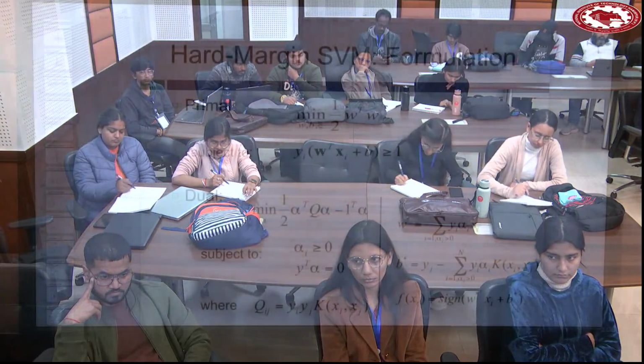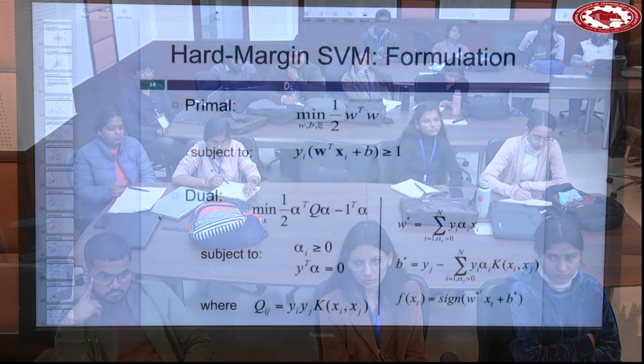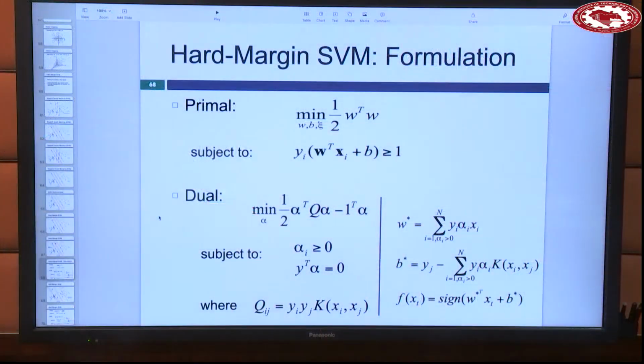If you want to just perform a linear model, solving the primal is very easy. But if you want to solve non-linear models with higher degree polynomial kernels or Gaussian kernels, the dual is faster. Because in the primal, what do you have to do? You have to physically augment the data, augment the dimension of this xi.